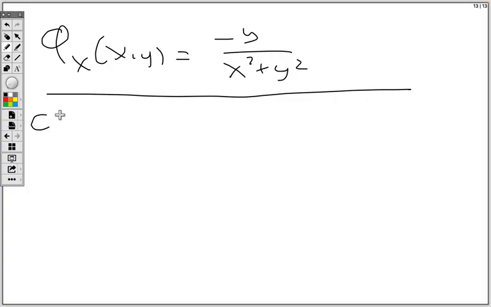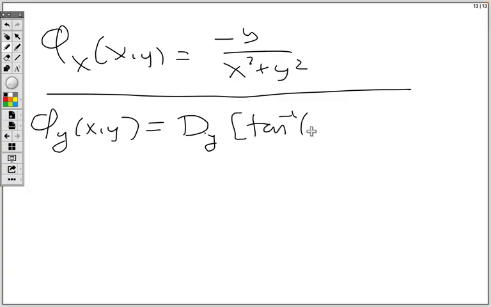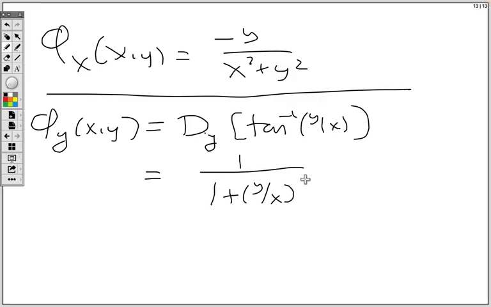Now I need to get my phi y. That's the derivative with respect to y of the inverse tangent of y over x. Once again, the derivative of the inverse tangent of something is 1 over 1 plus that thing squared, times the derivative of that thing, in this case with respect to y.